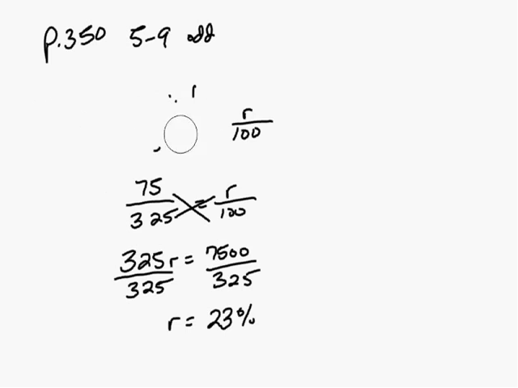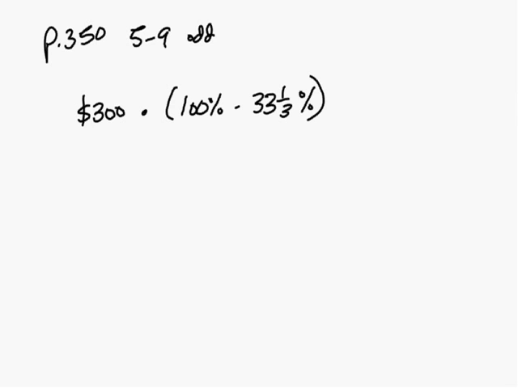Number 7. Okay, the stereo is $300. Let's see, I need to find the sale price of each item to the nearest cent. So, $300 times, and it's 33 1/3% off. 100% minus 33 1/3%.